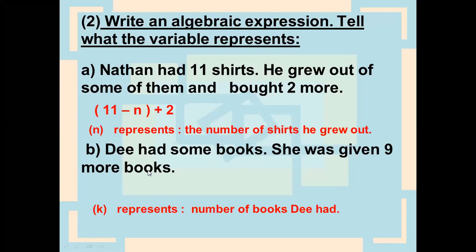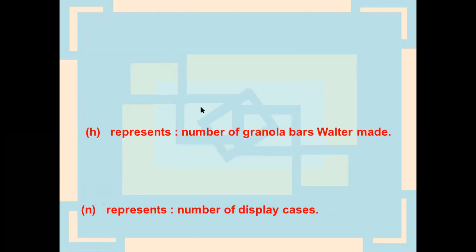More here means plus or minus? Plus, right. For that, we write, for example, K plus 9. I choose here K. You can write any letter in this place. So K plus 9. And the K here represents the number of books D had. This is the number of books she had. Okay, another example.